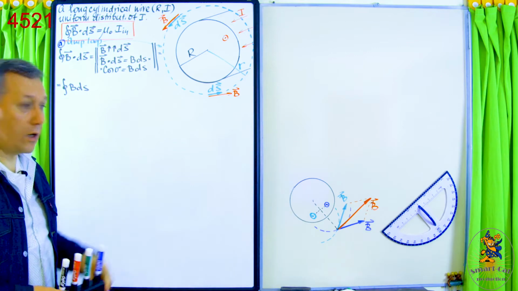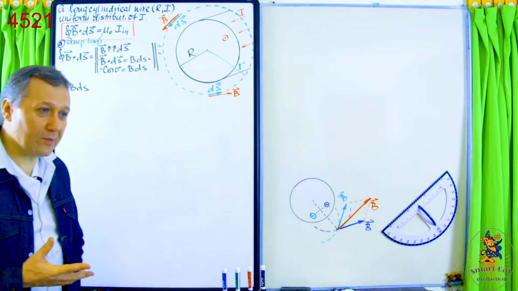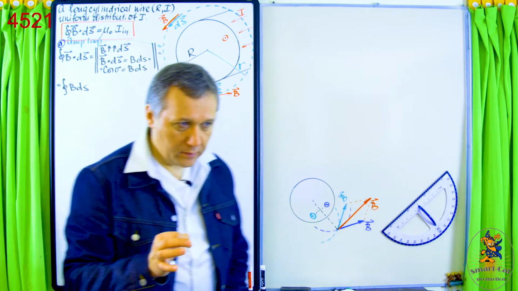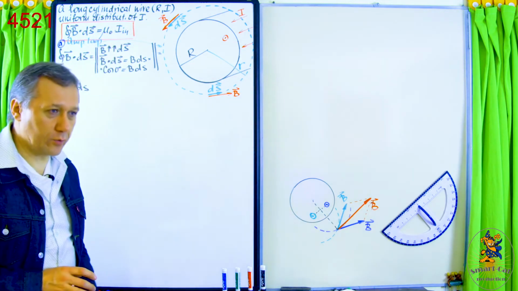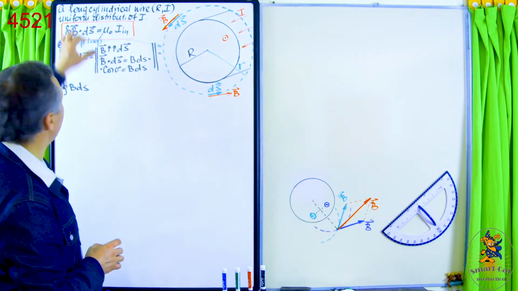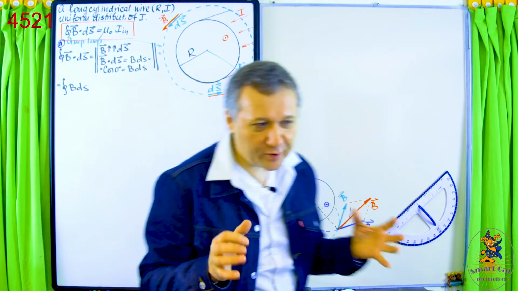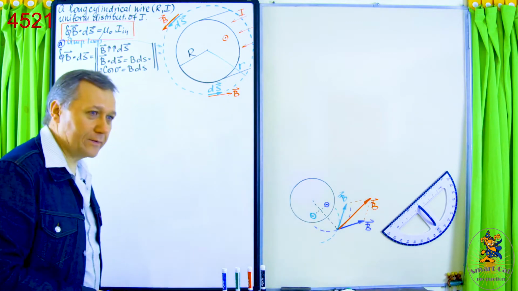As the first step of application, you have to pick an Amperian loop. Without that step, you wouldn't be able to tell which currents are enclosed, and you wouldn't be able to evaluate the integral, because you integrate over an Amperian loop. If you didn't pick the loop, there's no integral.